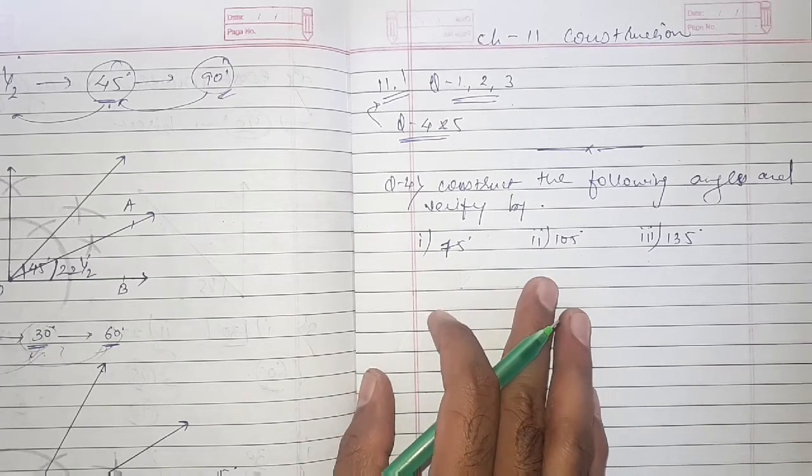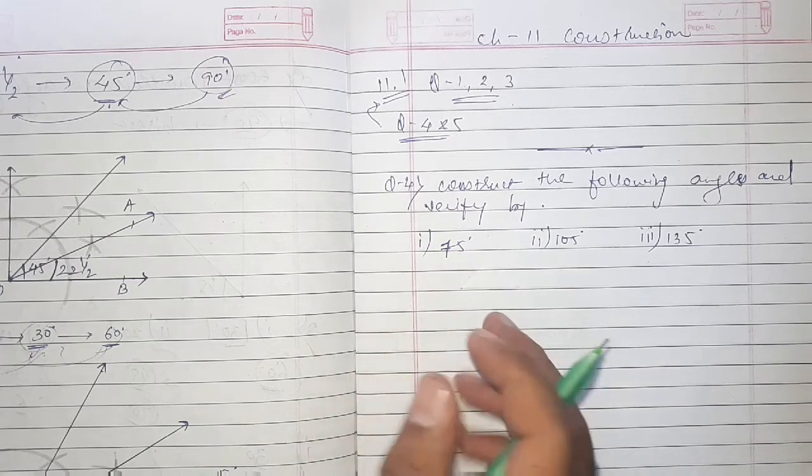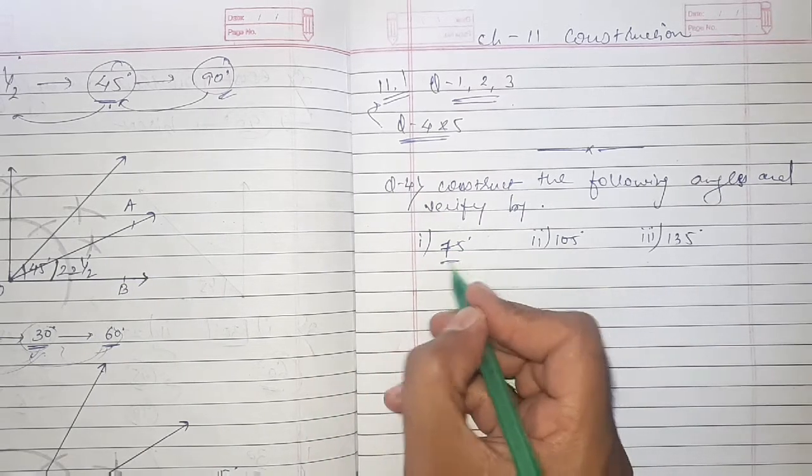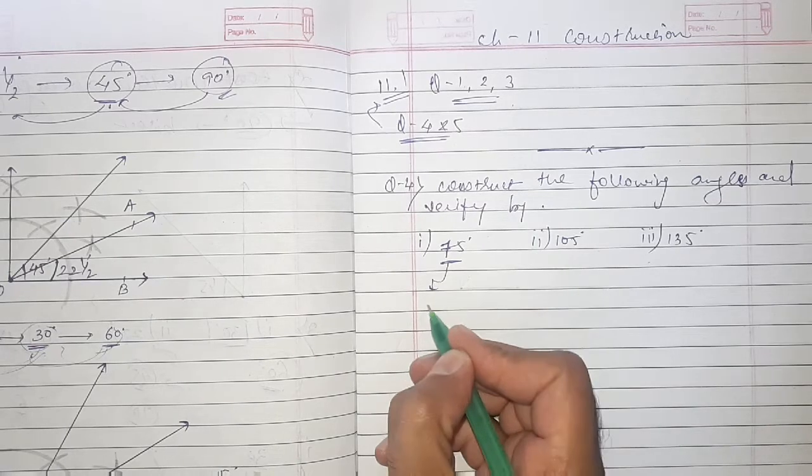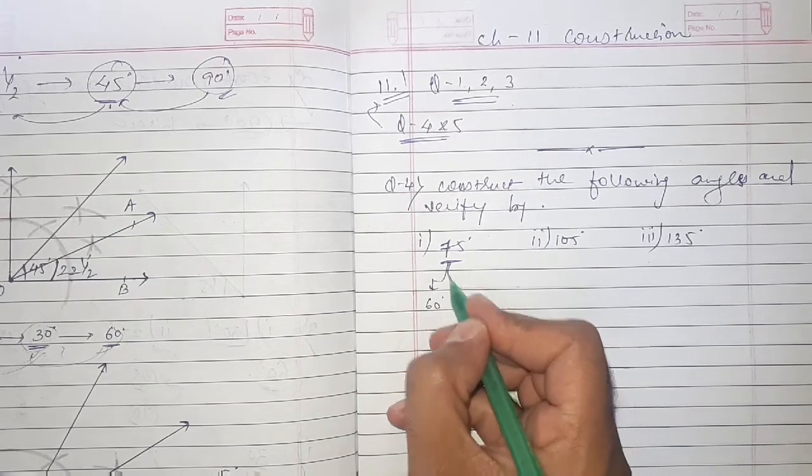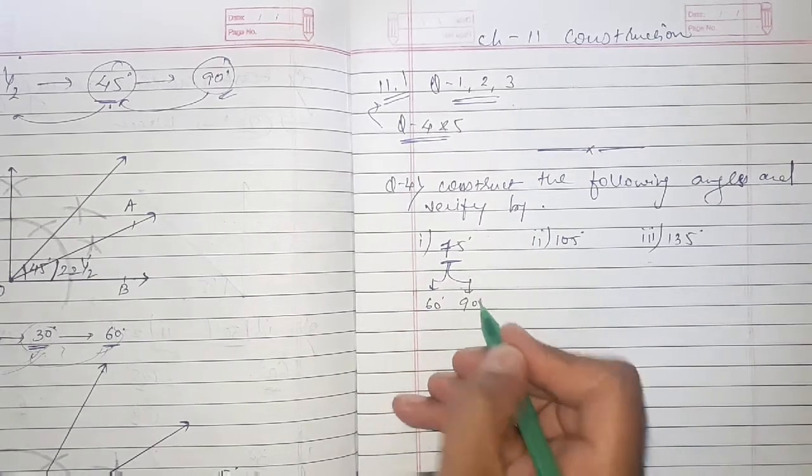First, for the 75 degree we need 60 degree and 90 degree.